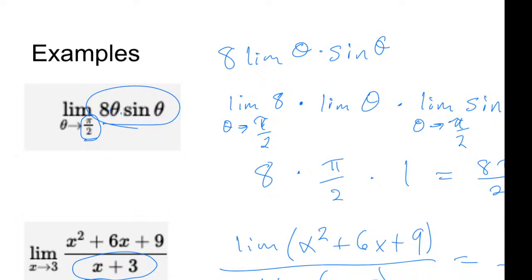I've got a law that says I can do it, but I figured I could do it anyway, right? 3 squared is 9, 18, and another 9, so that's 18 and 18 is 36, over 6, which gives us 6. Okay, so this is feeling a lot better. We could have graphed it and seen that as x goes to 3, the graph is also going towards 6. Not so bad anymore, right?